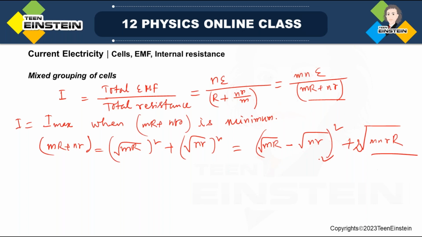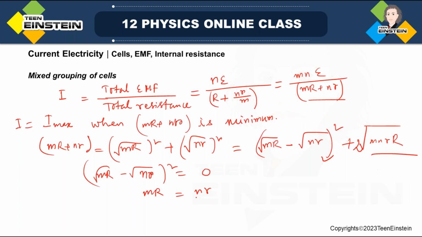But if a square is there, the term is always positive, so this square term must be 0. This will give you m R equals n r.